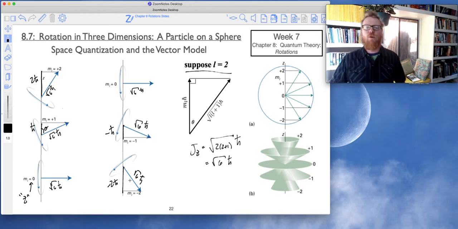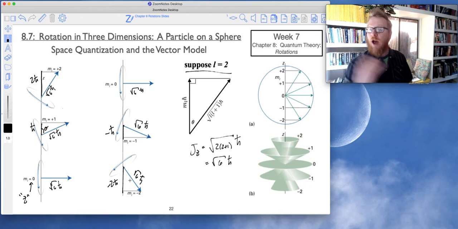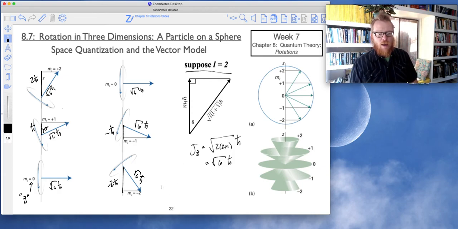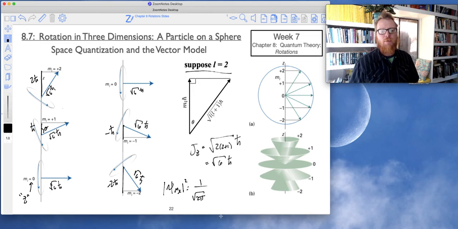And so now I'll also remind you, our particle is spinning round and round, right? And if you recall, when we did our square modulus of psi ml, that result was 1 over root 2 pi. So that means no phi dependence.